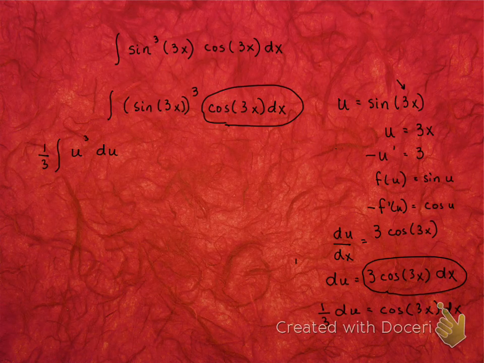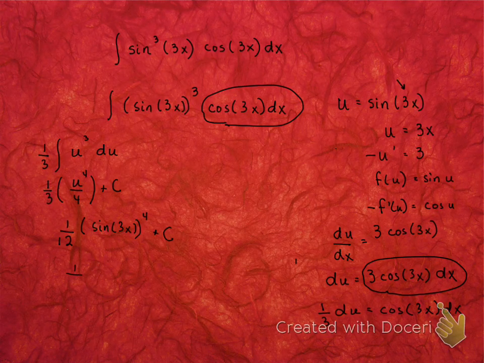Okay? So the antiderivative of u cubed is u to the 4th over 4 plus c. So we can pull out the 1/4 and multiply the 4 by the 3, and u is sine of 3x, and that's all to the 4th power.